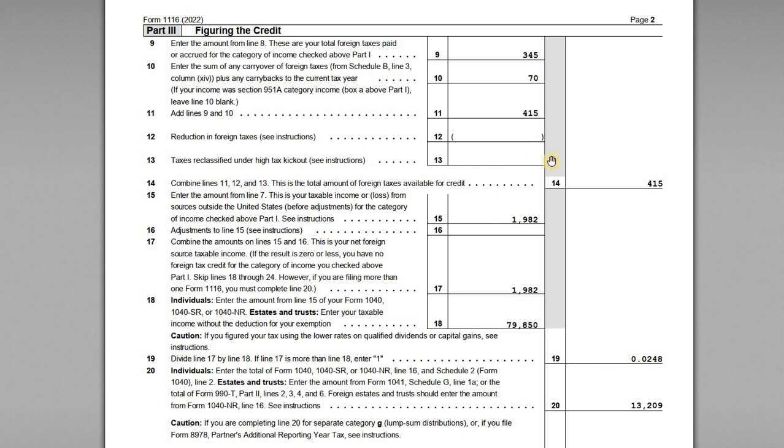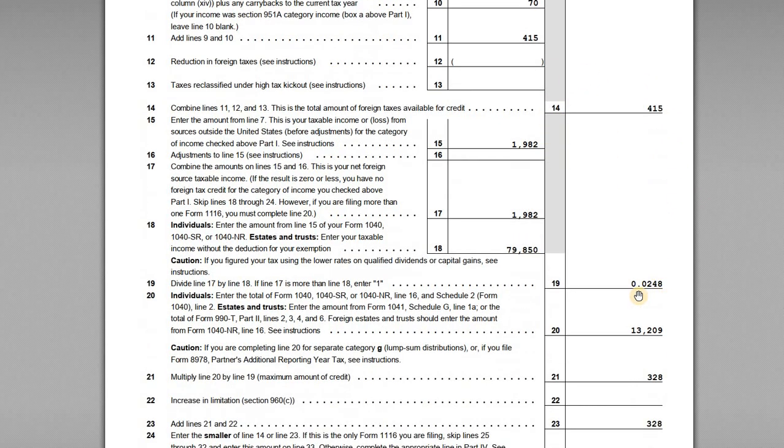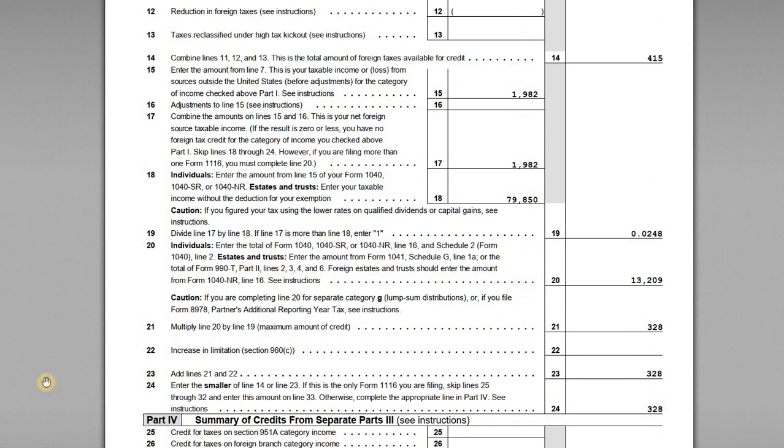And then the high tax kick-out exception, this applies to recategorize passive category income to general if you have income that qualifies for this high tax kick-out. We don't have anything that applies in this context, so that's why lines 12 and 13 are blank, and we've simply just entered 415 there as the amount of taxes eligible for the credit.